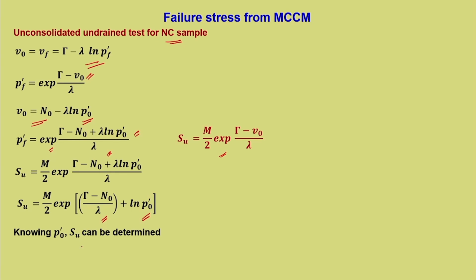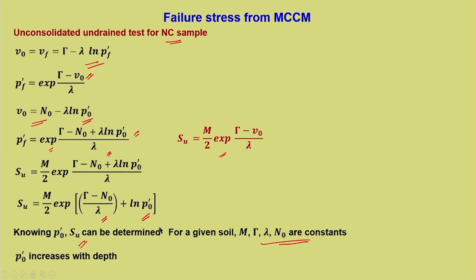Knowing P naught dash, Su can be determined because all the others are critical state parameters. For a given soil, these are all constants. P naught dash increases with depth. Why? Because P naught dash is the mean stress, and with depth the mean stress increases.